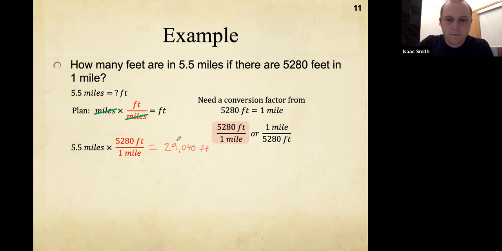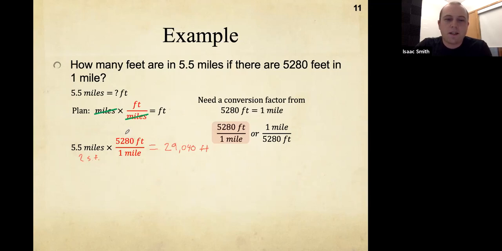We're doing a multiplication problem here, so our answer can only have as many sig figs as the number with the least number of sig figs that you're multiplying. So 5.5 miles is a measured value, and that contains 2 sig figs. 5,280 feet per 1 mile is an exact conversion, because feet and mile are both in the US imperial system.